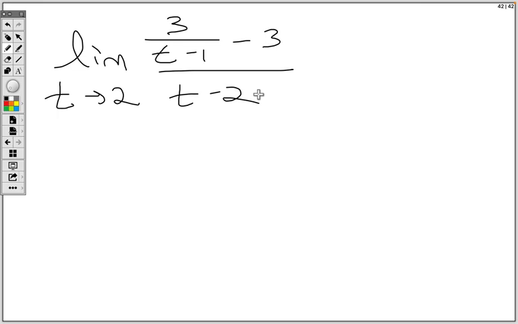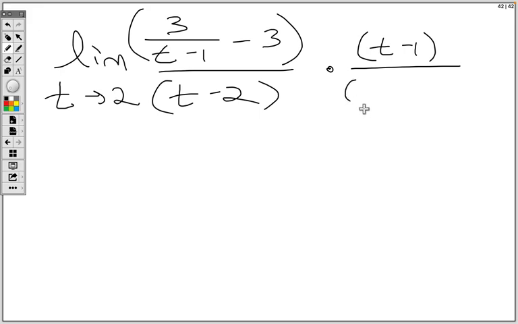So the way I like to do it is we're going to multiply the numerator and denominator by the smaller denominator here, the t minus 1, which is making this fraction a complex or compound fraction.